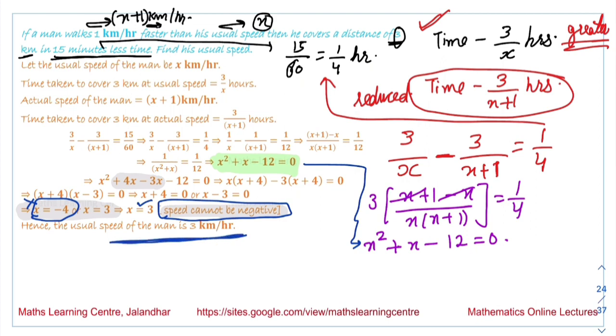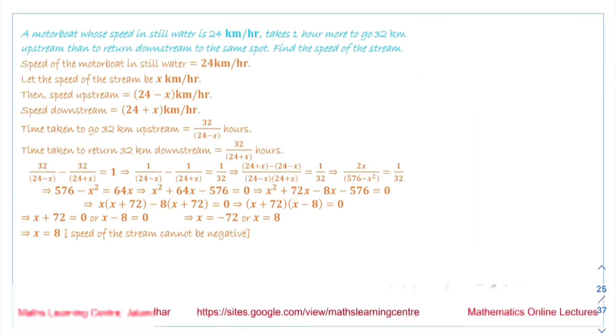kilometers per hour. Now next is a motorboat whose speed in still water is 24 kilometer per hour. This is the speed in still water that is given to us. It takes 1 hour more to go 32 kilometers upstream.